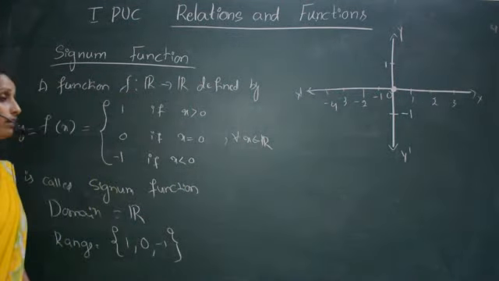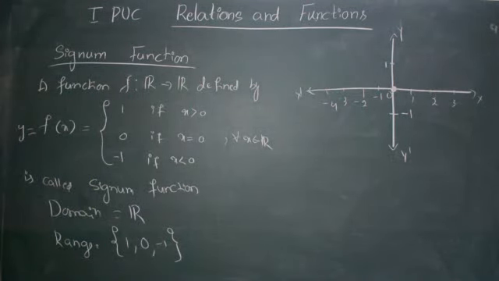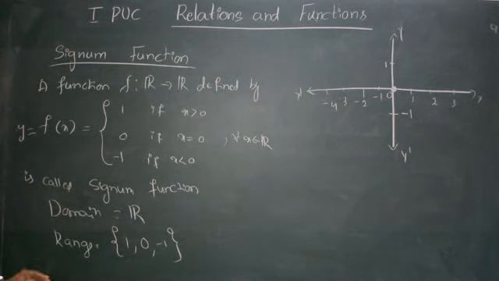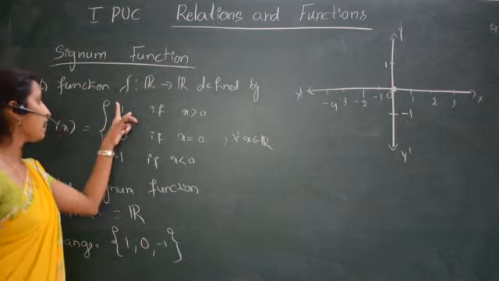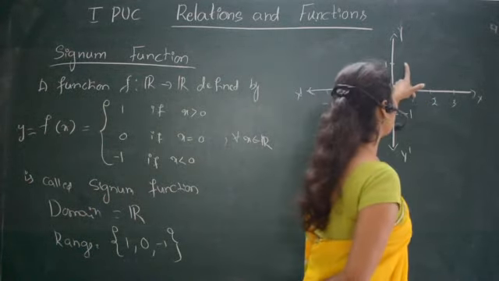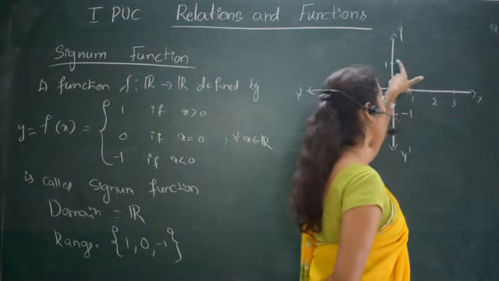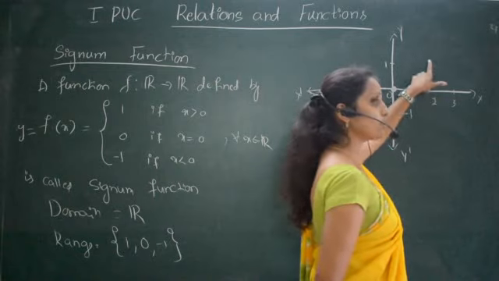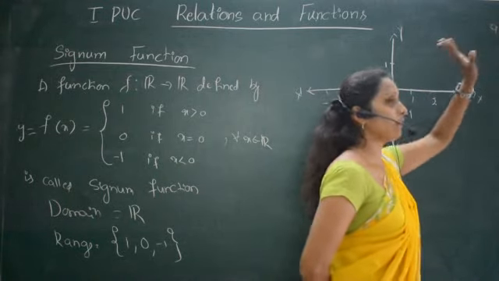Then whatever the value x is, if x is greater than 0, that means it is very next to 0, like 0.001, or 0.00000 with so many zeros and then 1. That is also greater than 0. Then it is always 1. x is equal to 1, it is 1, x is equal to 2, it is 1. So x is 1, 2, 3, 4, 5, all give 1.